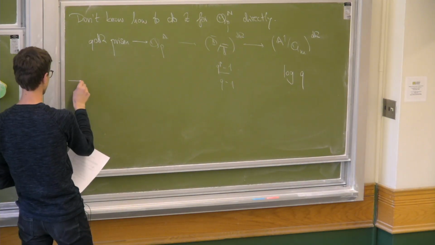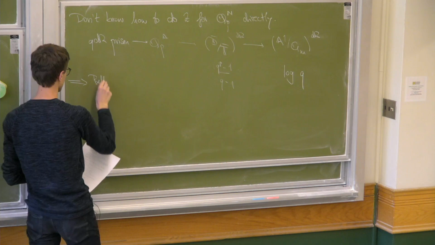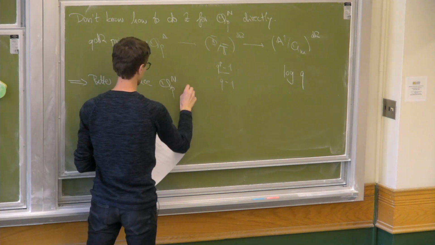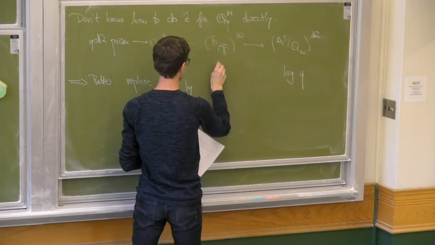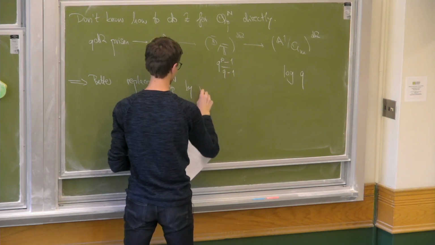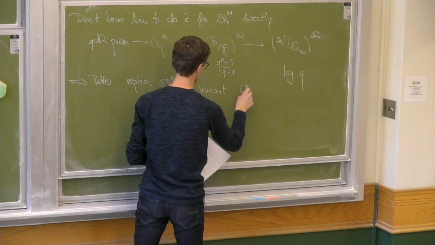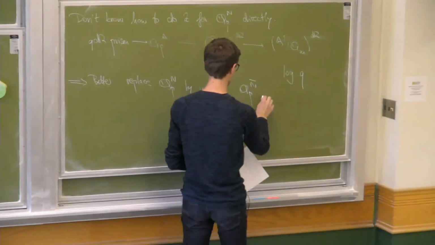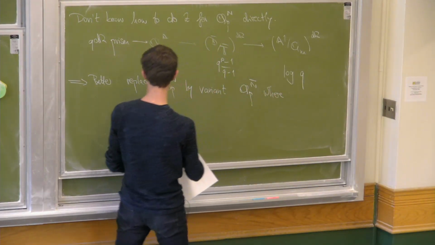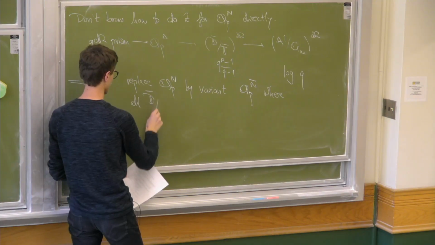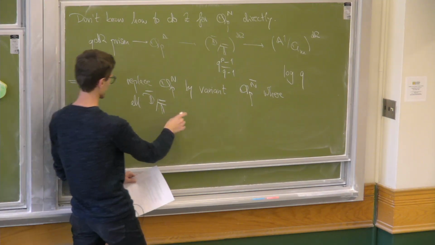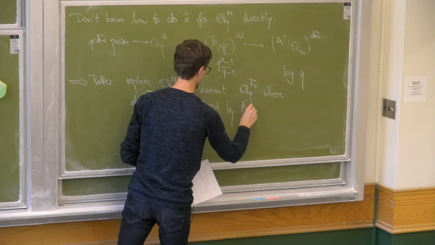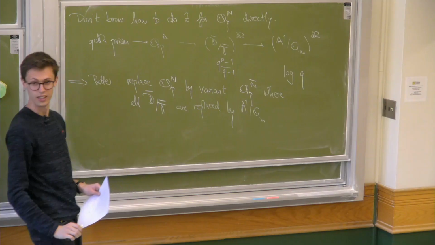So it's much better if I replace QPN by a variant, which I denote by QPN bar. And in this variant, all quotients by the disk, not the torus, are replaced by A1 mod GM.